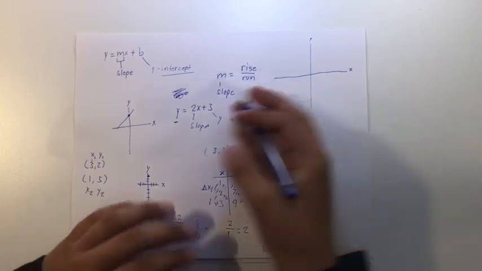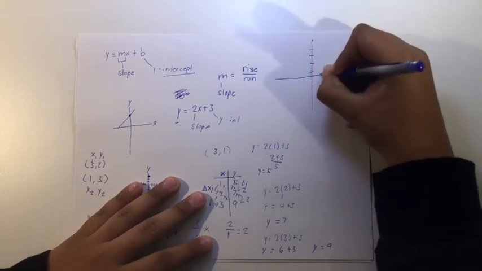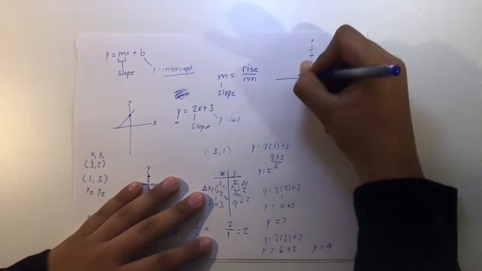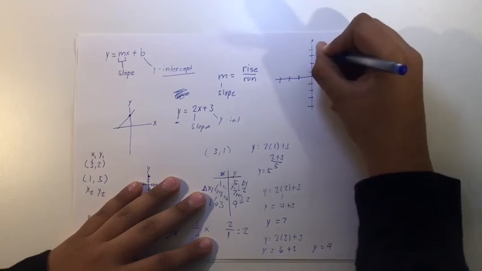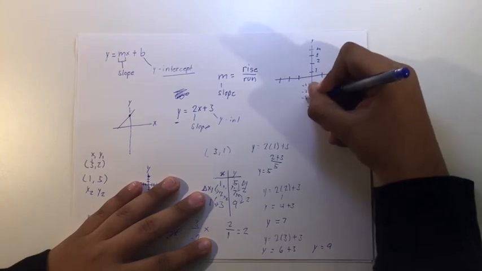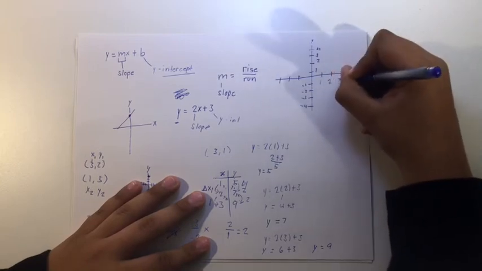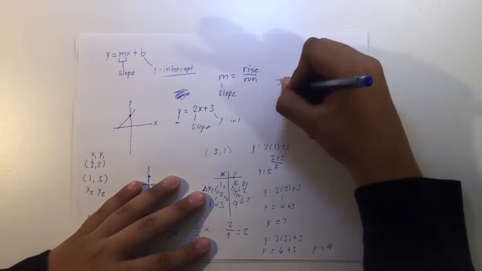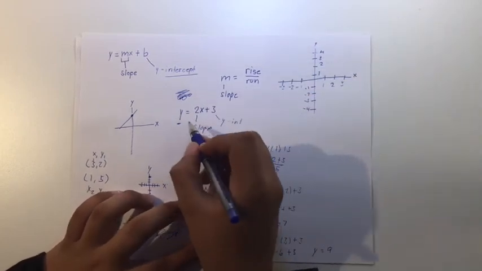Let's label it: 1, 2, 3, 4, -1, -2, -3, -4 on x, and 1, 2, 3, -1, -2, -3 on y. Okay, now that we have our coordinate plane, we can graph the equation.